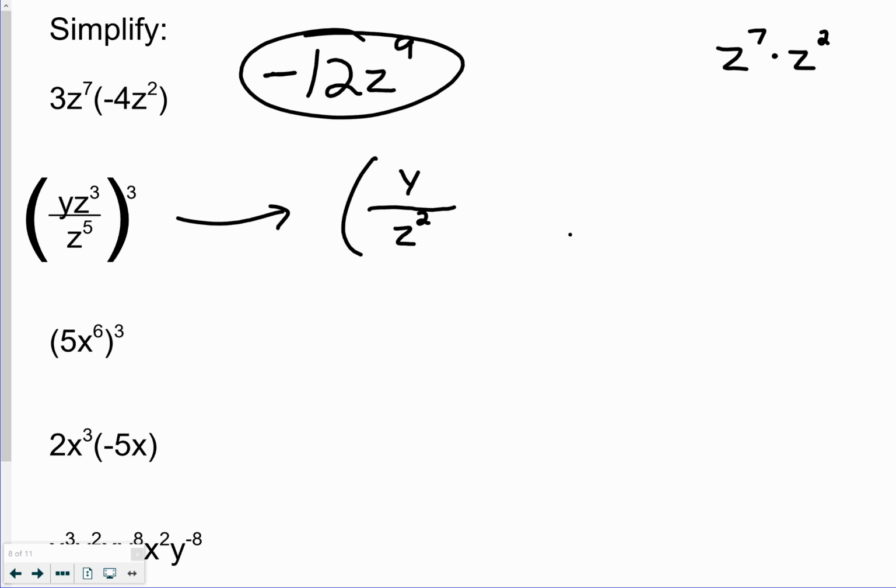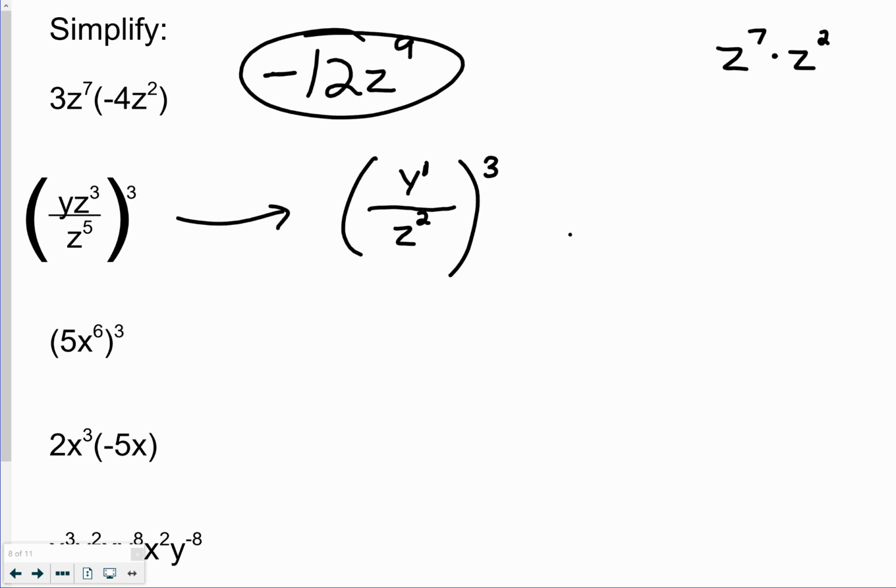Now, all of that still needs to be raised to what power? The third power. And now we have powers being raised to a power. So each of these, numerator and denominator, needs to be cubed. Now, there's no exponent with y, but what is the exponent with y? It's a 1. So there's an imaginary 1 right there. So what am I going to do with these powers when I raise them to the third power?